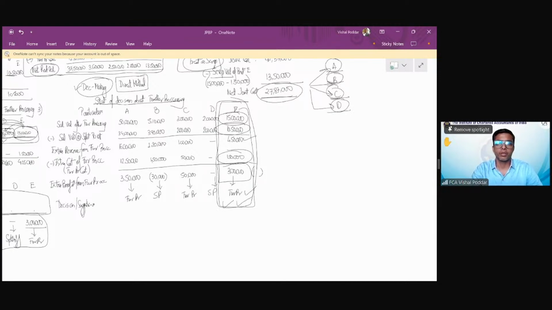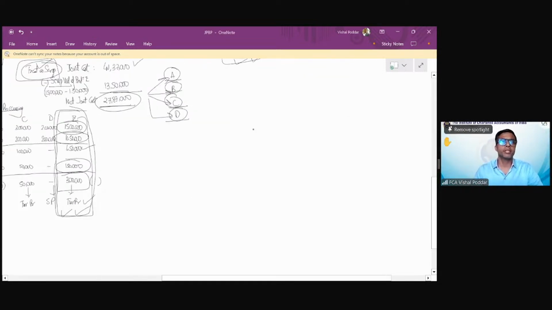Good. So students, this is all about this chapter. Now what is left in this chapter is two methods. One is the margin method, which has some calculation. And then you have some theory methods. In theory methods, you hire some expert. The expert will give you some percentage. You will apply those percentages, or you will do some analysis, and as per those analyses, you will get some ratio.